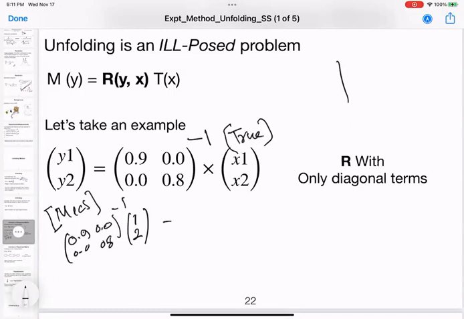So can anyone tell me what the result will be of this kind of matrix inversion here? It's a very simple matrix. 1 by 0.900. You can take some time, maybe 30 seconds, and give me the number.